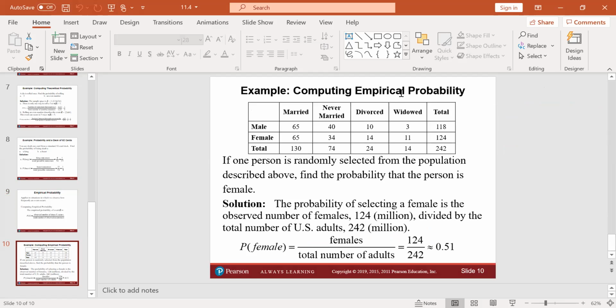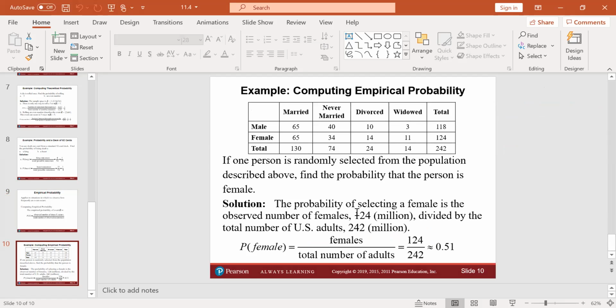So maybe this is an empirical probability example because what's happening is we have a population. Let's say your population up here, maybe this is the US population or the population of US adults.